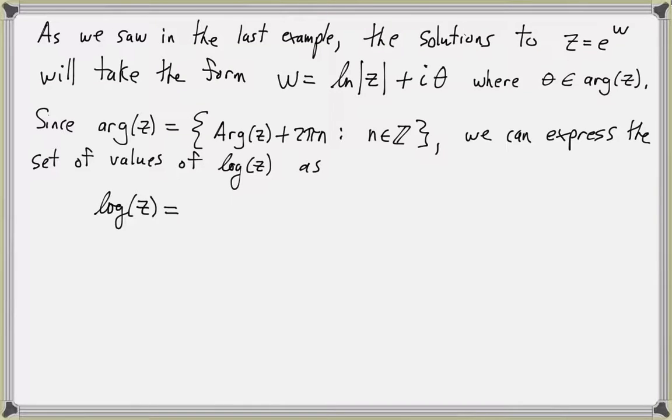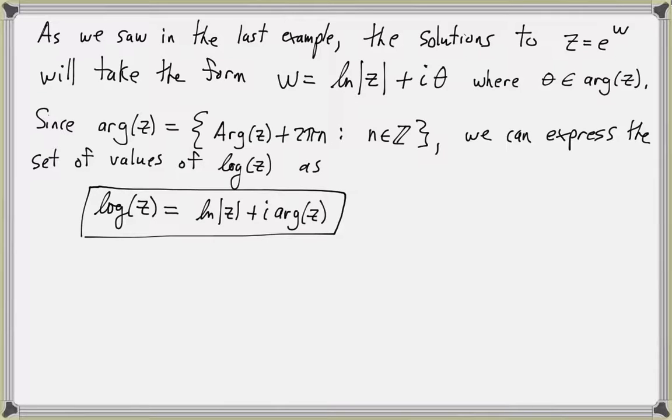So this is a multi-valued function. There's actually an infinite number of values for log of z, and they're equal to the natural log of the absolute value of z plus i times the argument of z, where these are equal as sets. And as I mentioned before, we can write the argument of z as the principal value of the argument of z plus an integer multiple of 2 pi.